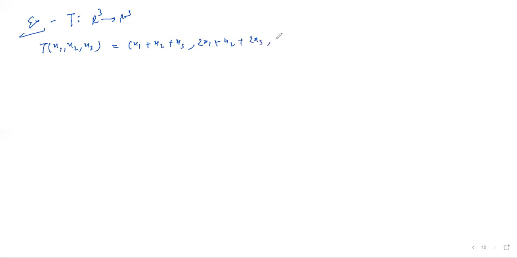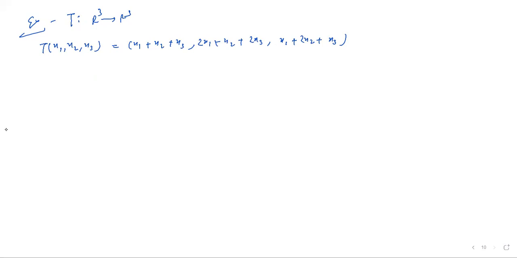Let's see an example. My transformation is from R cube to R cube and is defined as T of (x1, x2, x3) equals (x1 plus x2 plus x3, 2x1 plus x2 plus 2x3, x1 plus 2x2 plus x3), where x1, x2, x3 belongs to R cube.